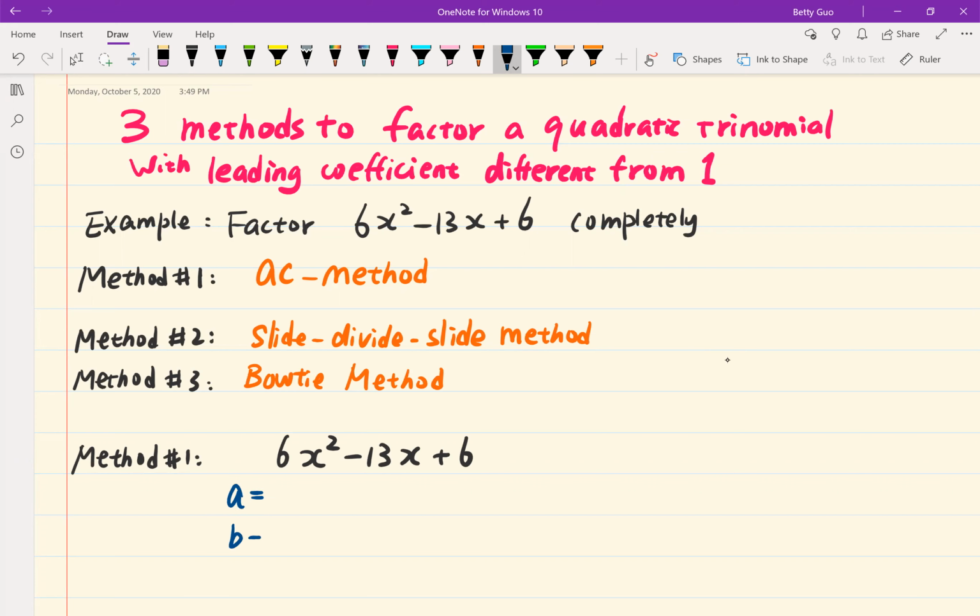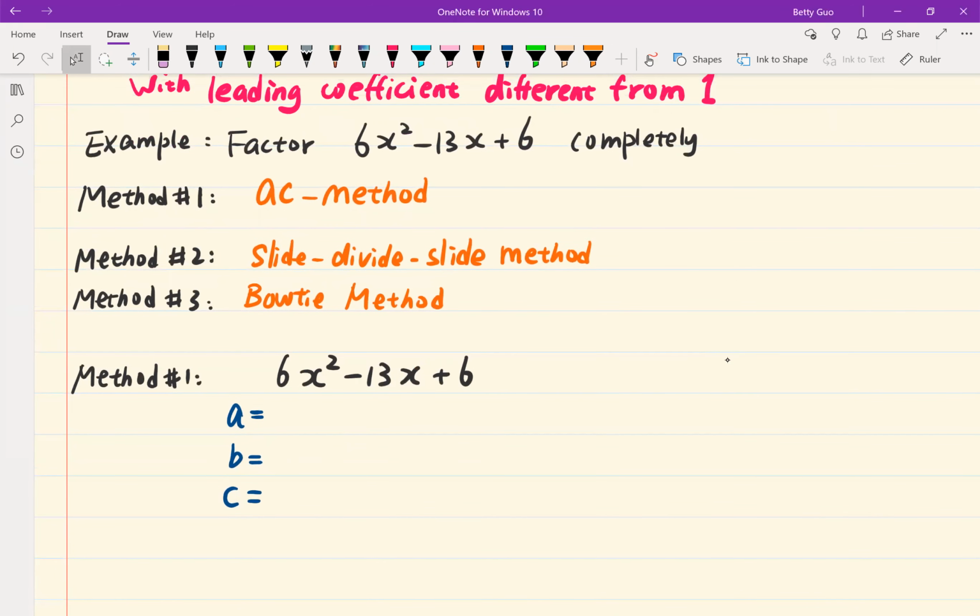We identify leading coefficient A is 6, B is negative 13, C is 6. AC method starts from computing the value for A times C. In this case, A is 6, C is 6. 6 times 6 is 36.